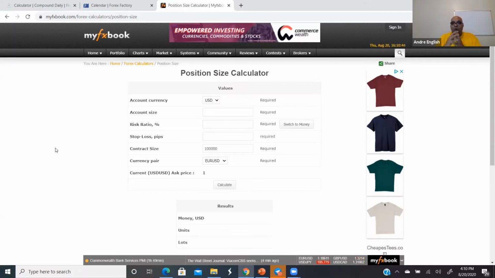And so that's one of the important factors in being able to determine what it is that you need to do in order to trade properly. So that was an easy ratio, right? $100, 2%, $2 risk, right?